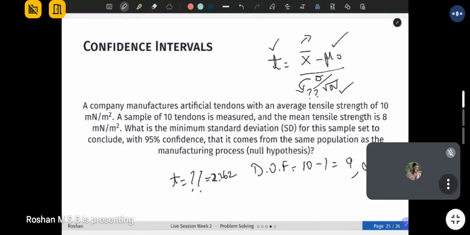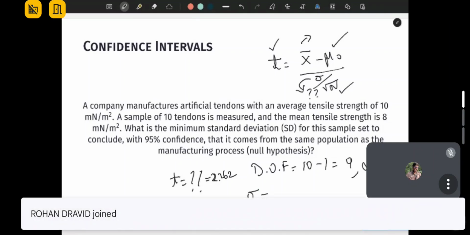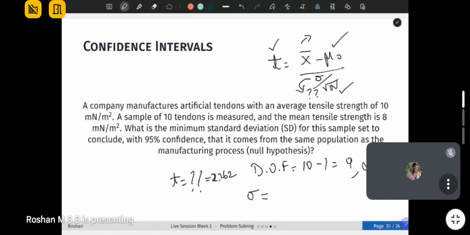So everything is given. Rearrange the formula. Can anyone let me know what's the final answer for sigma? 2.793.